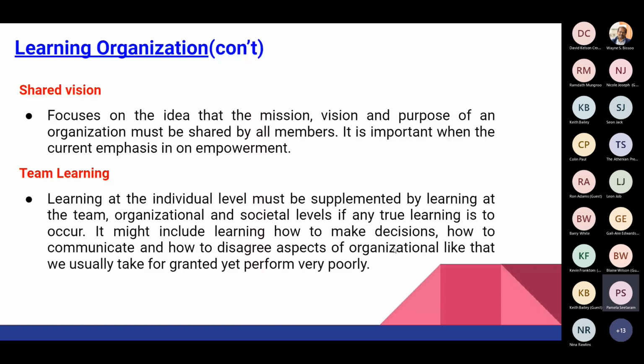The concept of team learning is also vital in any learning organization. It must be supplemented by learning at the team, organizational, and societal levels if any true learning is to occur. This may include learning how to make decisions, how to communicate, how to disagree, and these kinds of things.